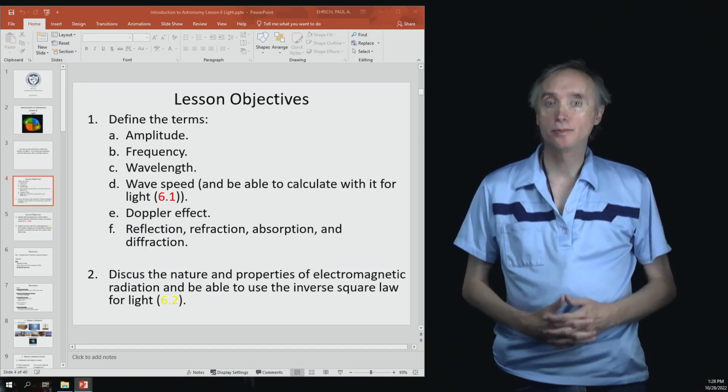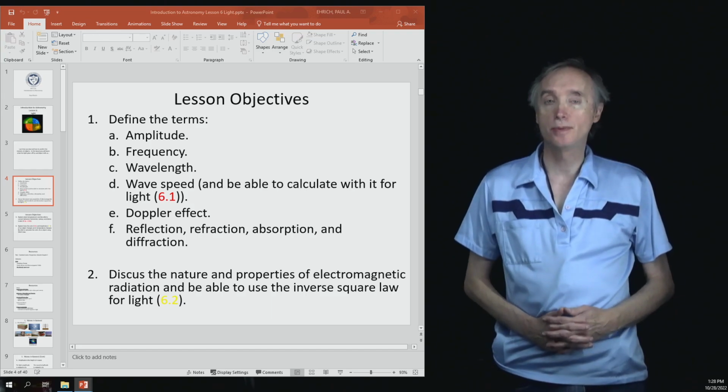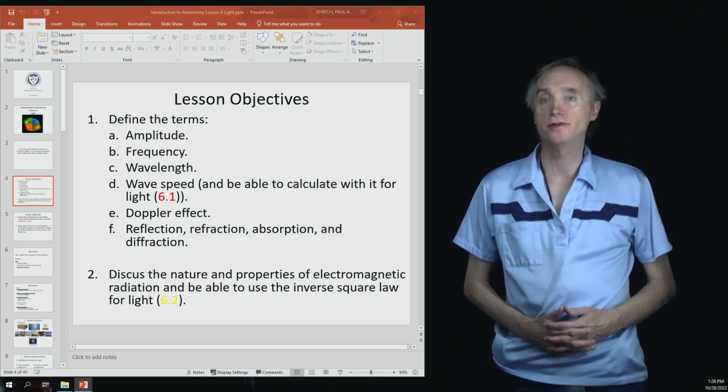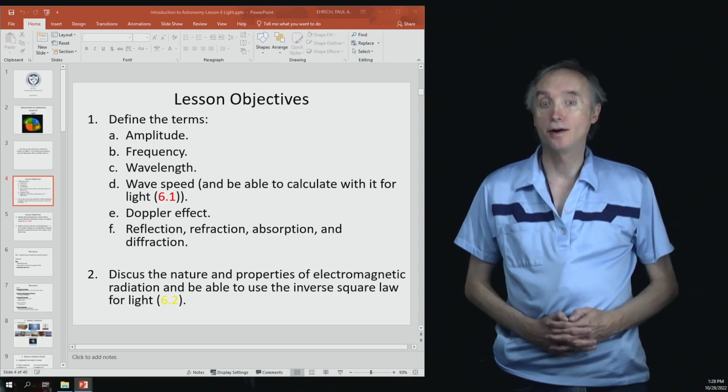So here's our lesson objectives. We're going to learn about general properties of light, including its amplitude, frequency, wavelength, wave speed, Doppler effect, what the words reflection, refraction, absorption, and diffraction mean.